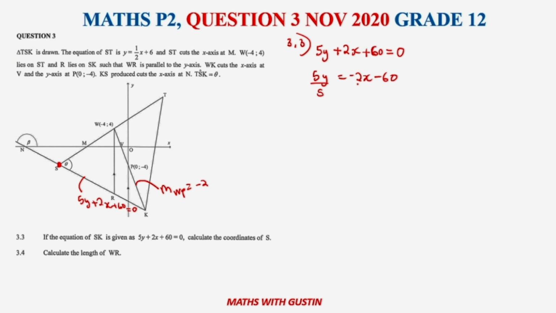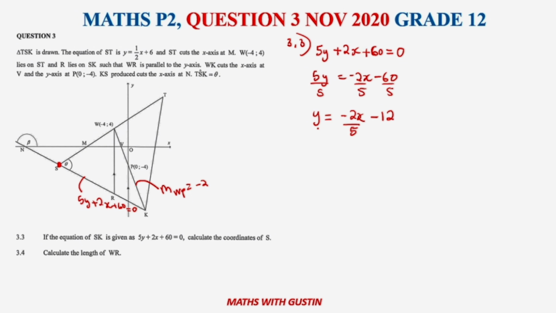Therefore, we divide everything by 5, and we are going to be left with y is equal to -2x over 5. -60 divided by 5 is going to give us -12. Okay, great stuff.